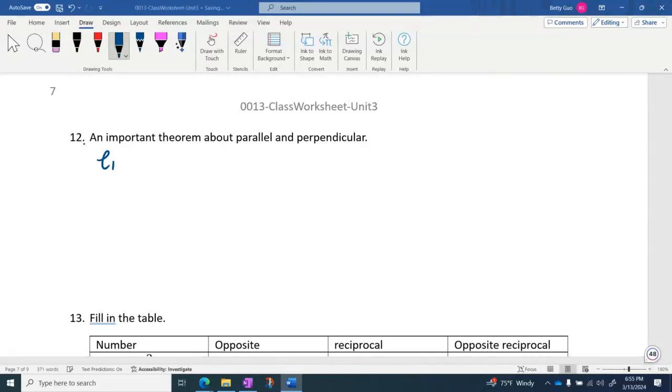Let's say L1 and L2 are straight lines, because L is the initial of the word line. The slope of L1 is M1, and the slope of L2 is M2.